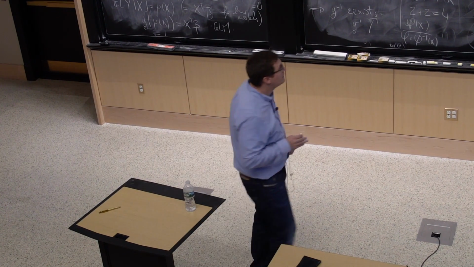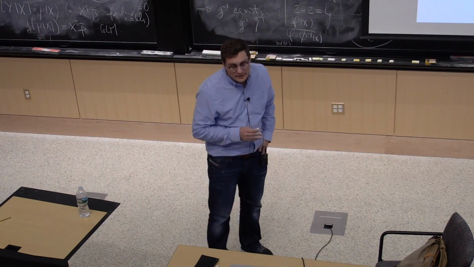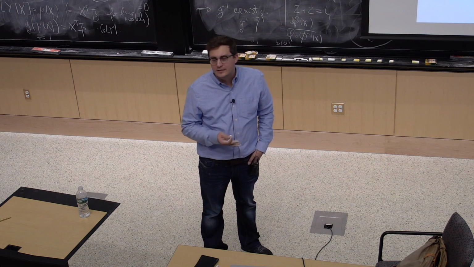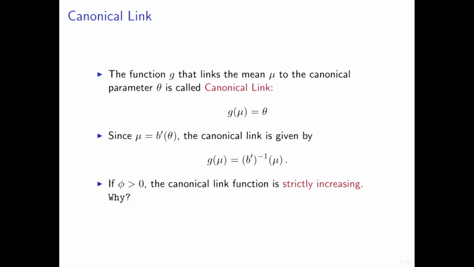For each canonical family, there is something called the canonical link. And when you don't have any other reasons to choose anything else, why not choose the canonical one? The canonical link is the one that says, what I want is g to map mu onto the real line.